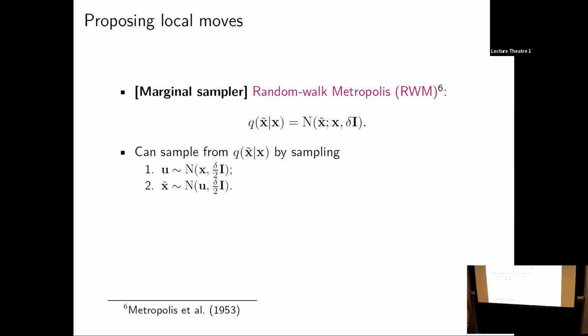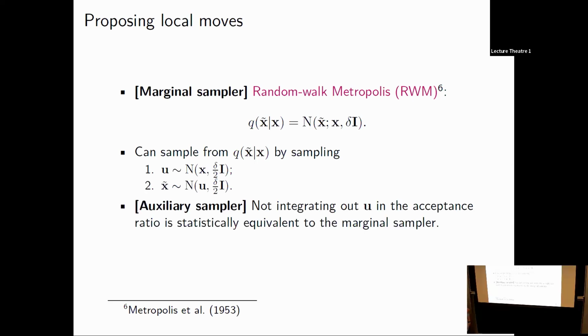Yeah, so there is an auxiliary sampler for this one. And now, in this case, the auxiliary sampler is not very interesting because it's statistically equivalent to the marginal sampler. Yeah, because the auxiliary variable u will just cancel out in the acceptance ratio. So for the moment, the auxiliary sampler in this case is not interesting, but in principle, we could interpret the algorithm as an auxiliary sampler as well.